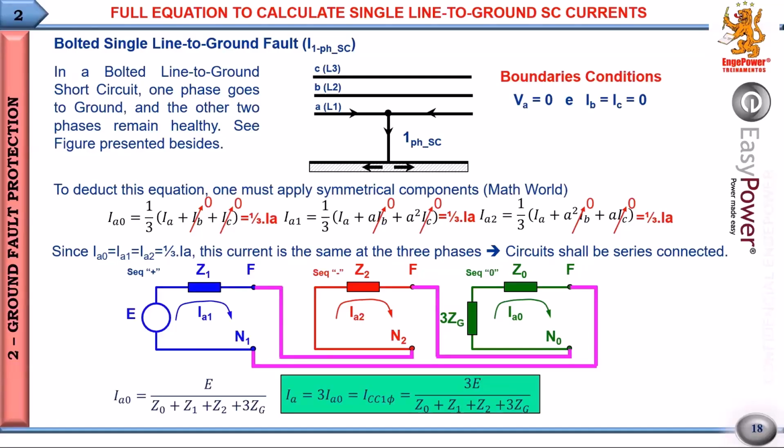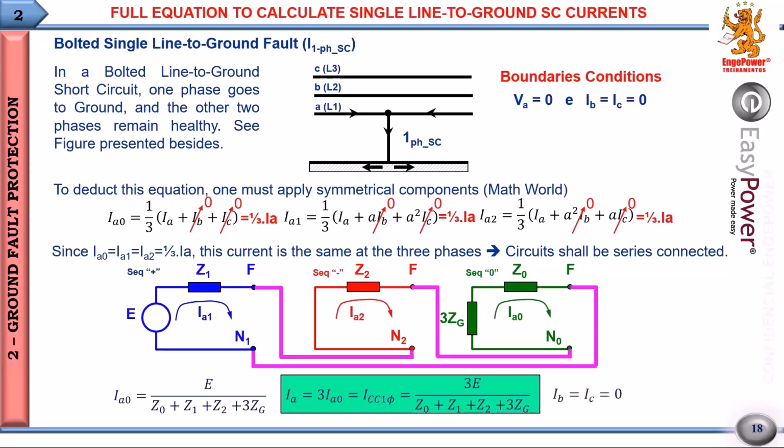So to reach the final single line to ground short circuit current, just multiply IA0 by 3. And the final result is this one.